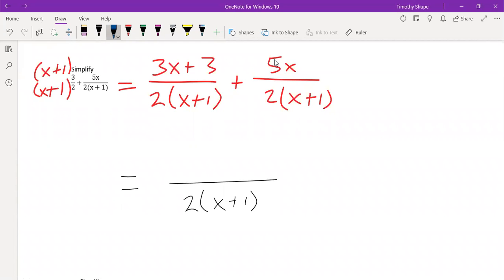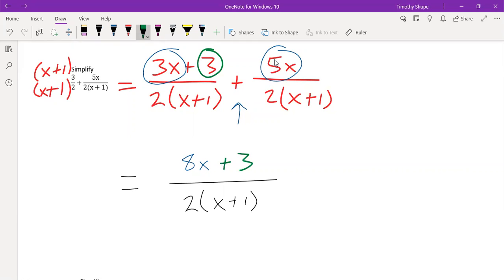But when I'm looking at the numerator, I've got 3 x's from the first fraction, I have 5 x's from the second fraction, and the operation in between tells us that we are adding those. So 3 x's plus 5 x's would be a total of 8x. But then I've got this positive 3, and nothing from the second fraction to combine it with. So I'm just going to say plus 3, and that would be our combined expression.